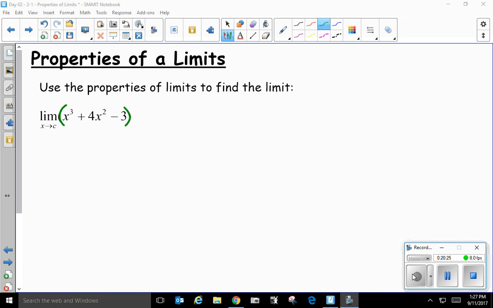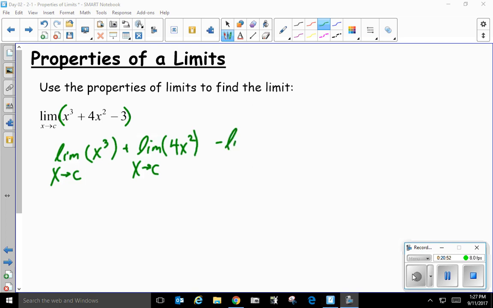I'm going to use the addition and subtraction rule. So I'm going to take the limit as x approaches c of x cubed, plus the limit as x approaches c of 4x squared, minus the limit as x approaches c of -3.